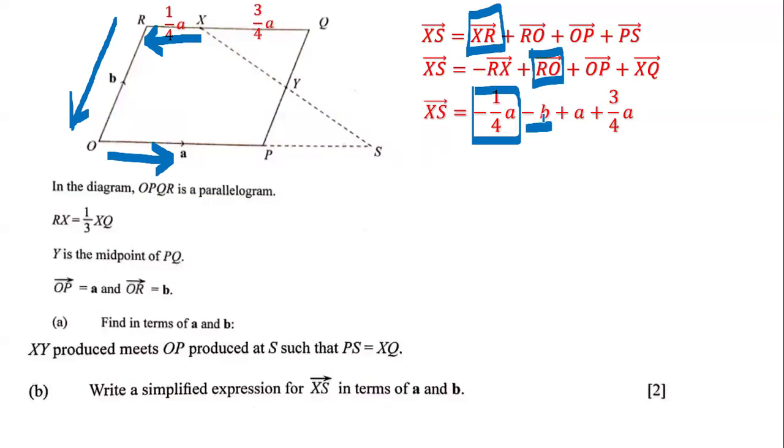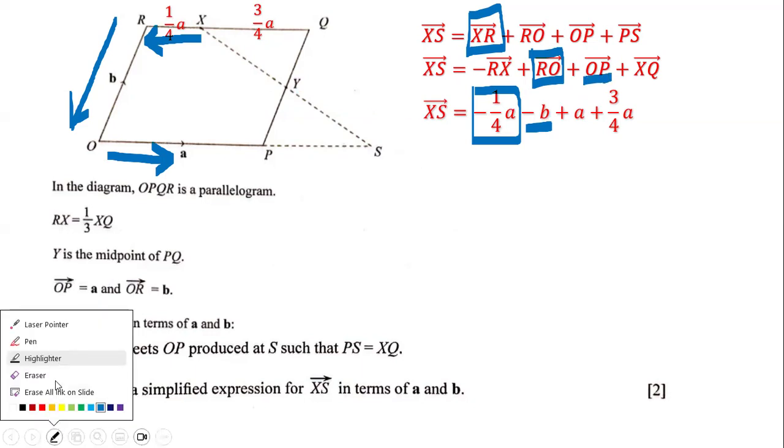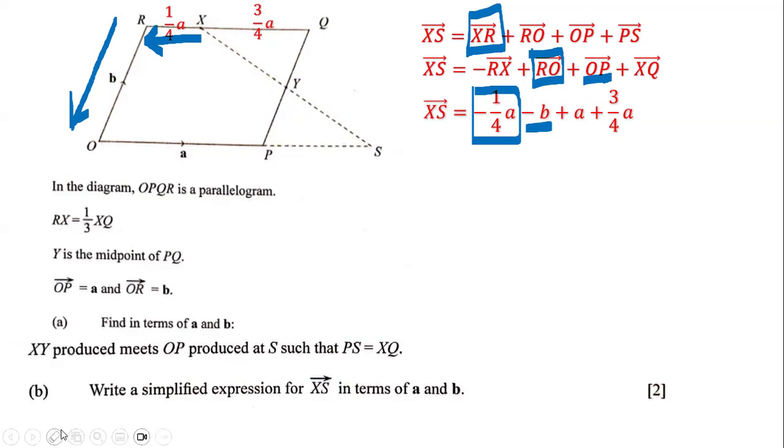Then OP is fine, because if we look at OP, we're going from O to P, and OP is A. So we just put A here. And then we have XQ. What is XQ? We already know that XQ is 3 over 4A. And that's what we have so far.